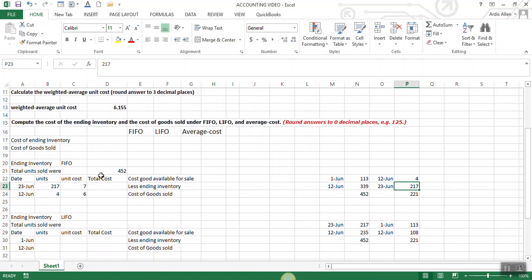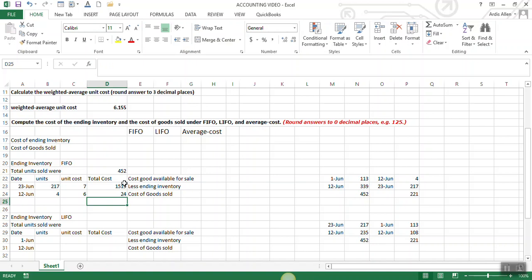Now that we know that 217 units from June 23rd and 4 units from June 12th were not sold, we can find the total ending inventory. So it's 217 times 7, which is the cost of the unit that we paid, gives us 1,519, and 4 units at $6 would give us $24.